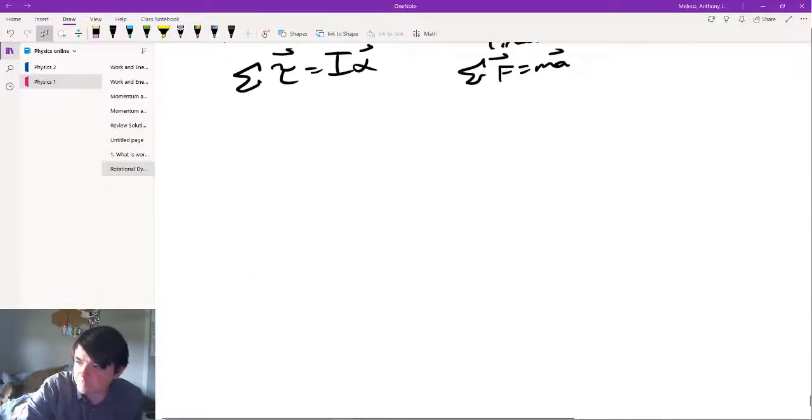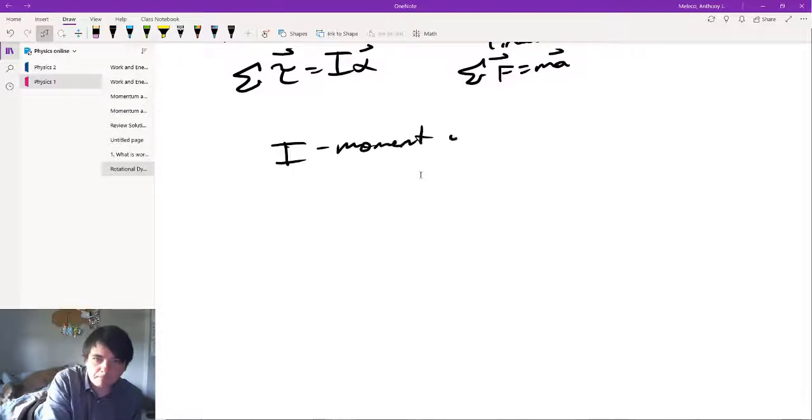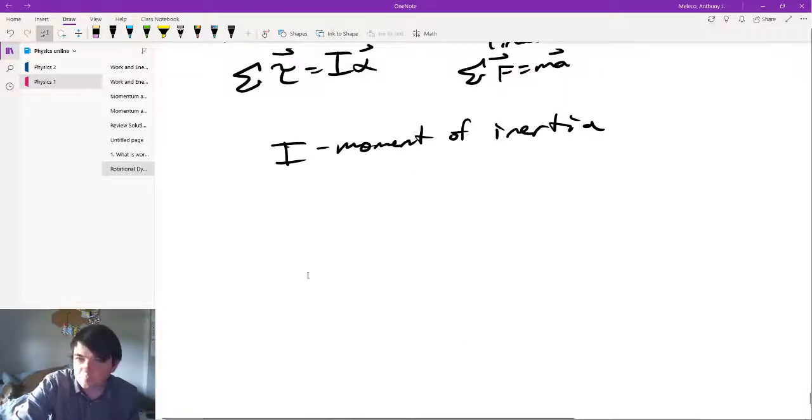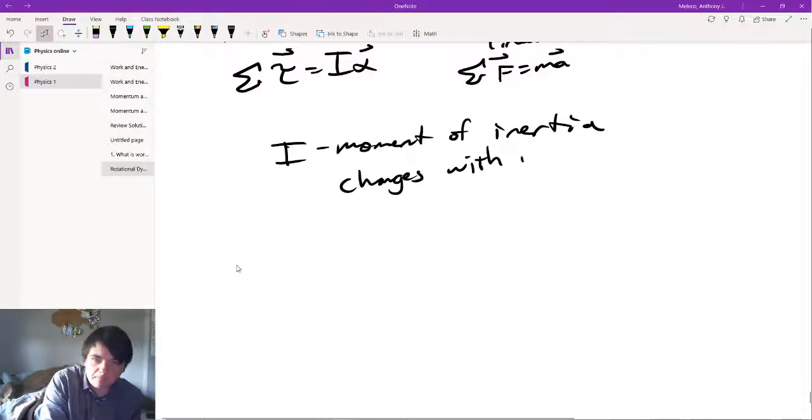Very similar there. I was the moment of inertia, which changes with shapes. So it changes with mass and how the mass is distributed.